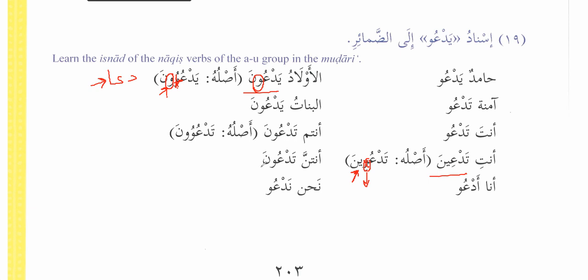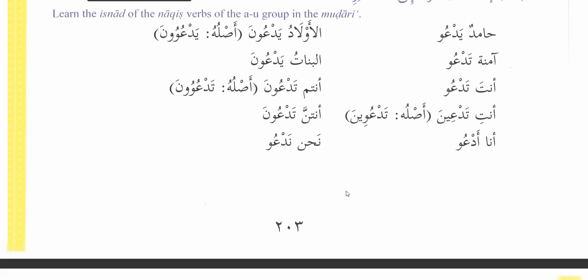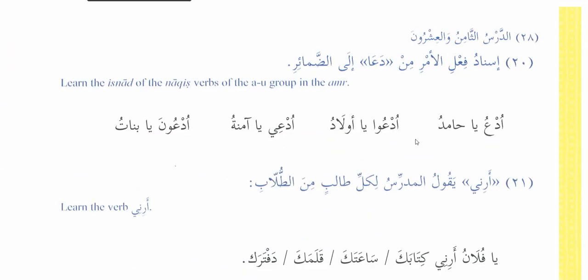And here the same, antum tad'una, the letter from the spelling of the verb is deleted and the waw jama remains, and we get the structure tad'una. So let's move forward with the questions. We did question number 20 also, the amr of da'a.